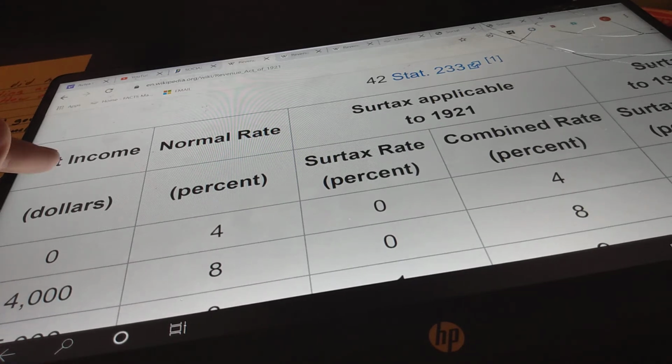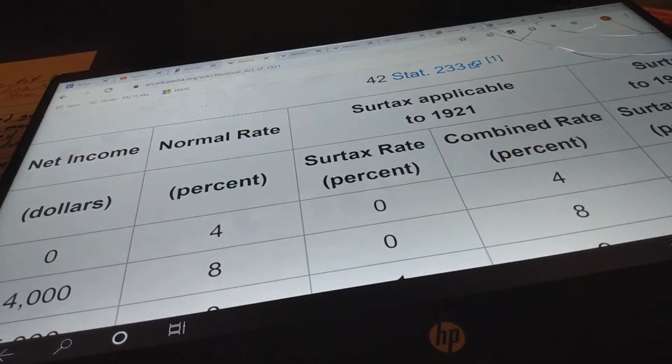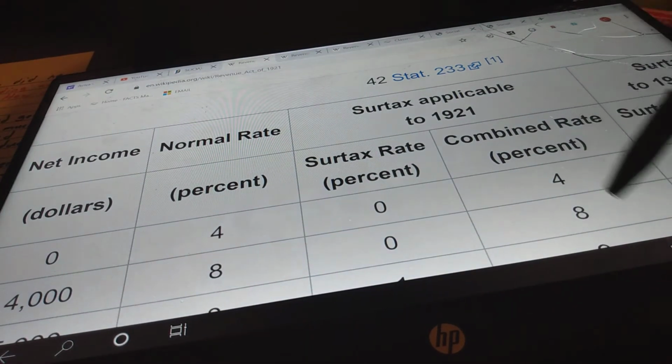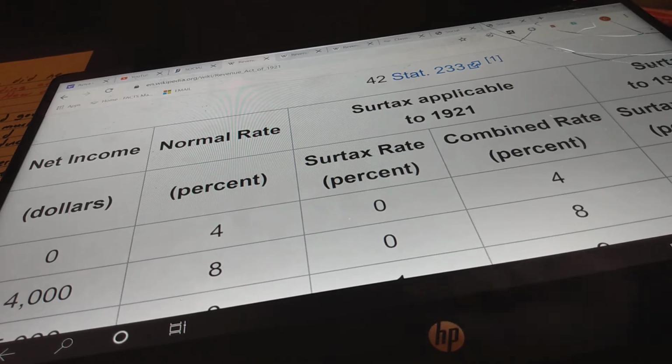That was their net income, or their total amount of money that they earned in a year. Don't worry about the other columns, just worry about this column. If somebody made $4,000 in a year, they would be taxed 8%. That's all that means. They'd be taxed 8%. It may not sound like a lot, but it is.